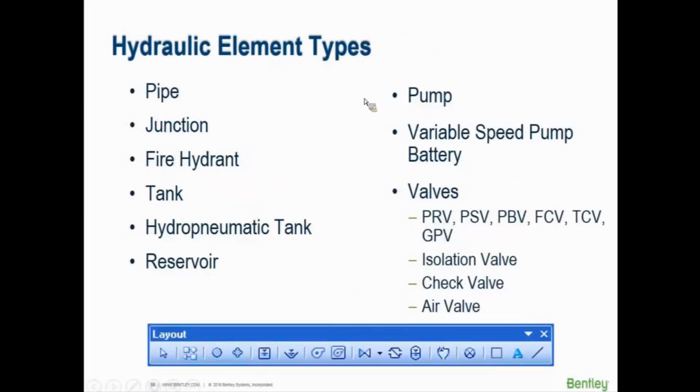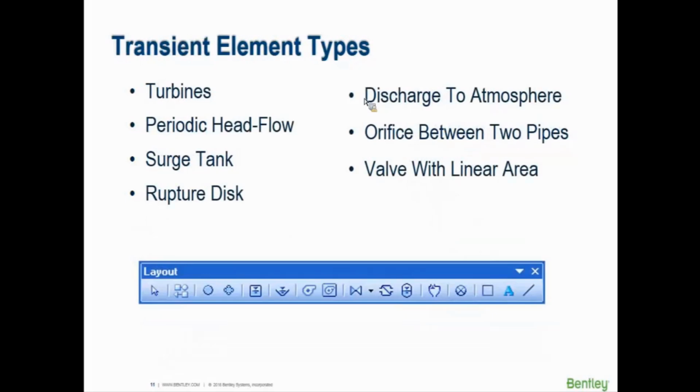And within the hydraulic model, you're actually going to start drawing elements, and you'll have various elements to use: a pump, a tank, a reservoir, things that you've already seen before. You're going to pick these elements and draw them, and you could have some really complex ones: a surge tank, rupture disc, turbines.